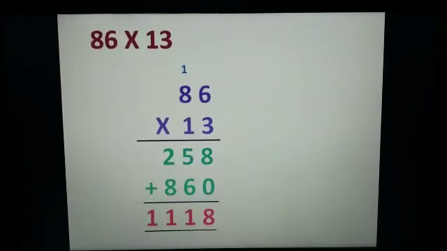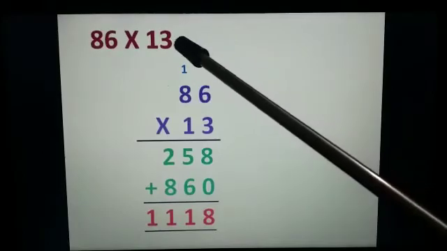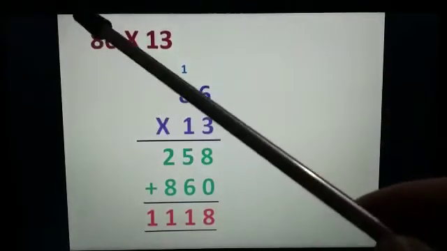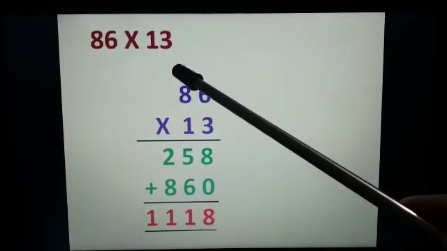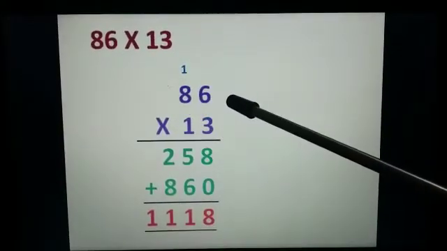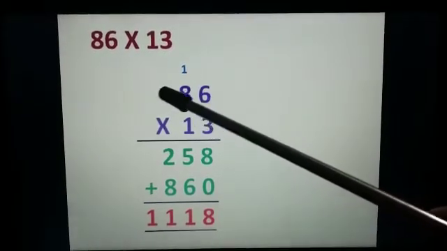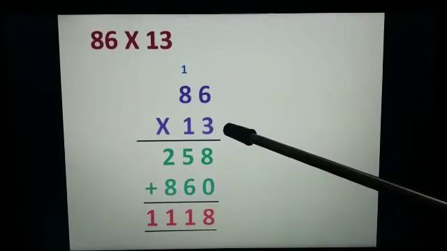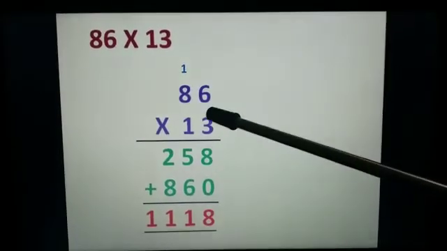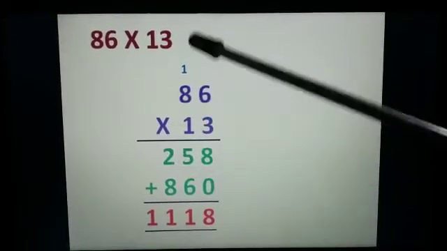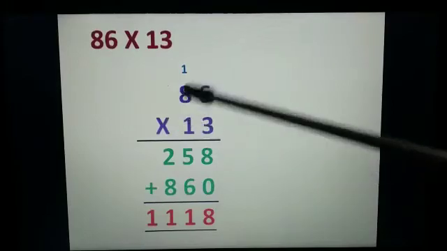Now here we have a question: 86 into 13. Now here we will multiply a 2-digit number with a 2-digit number. So I write 86 first. Now into 13. So the ones digit, that is 3, will be written below the ones digit, and the tens digit 1 will be written below the tens digit, and I need to multiply these two.